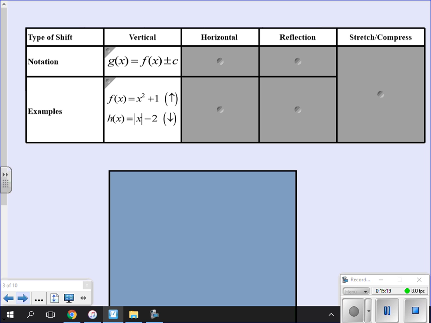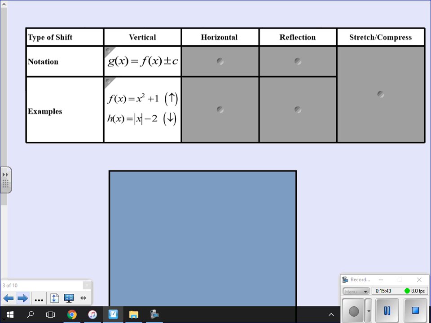Okay? Yes? So for absolute value functions, can you go below the x-axis? Yes. Yeah, it will. The function can be below the x-axis if what I'm adding is outside of the absolute value. If what I'm adding or subtracting is outside the absolute value, that moves the whole thing down.